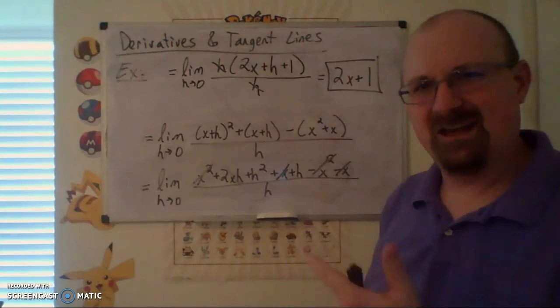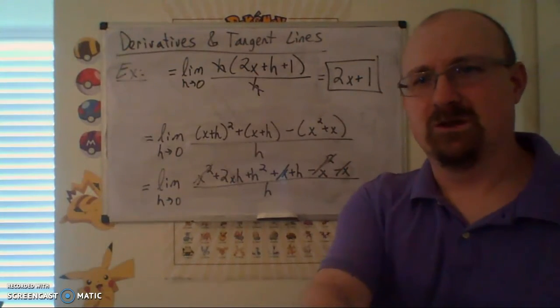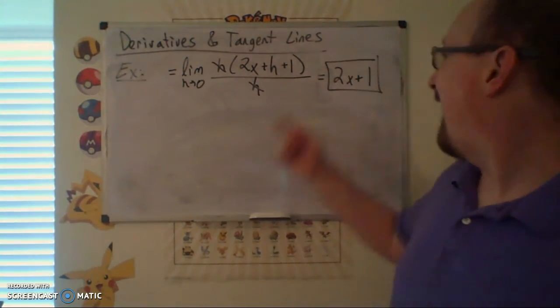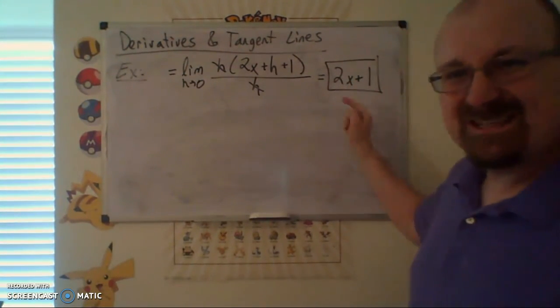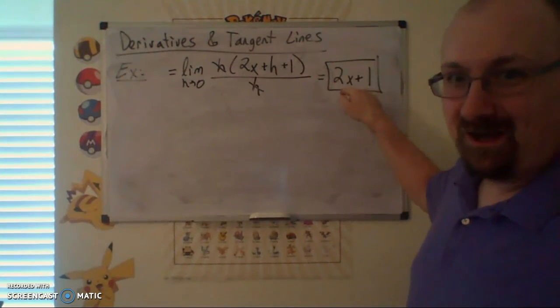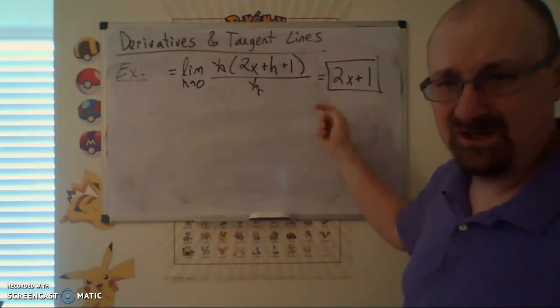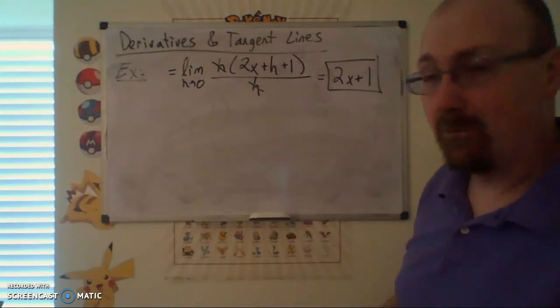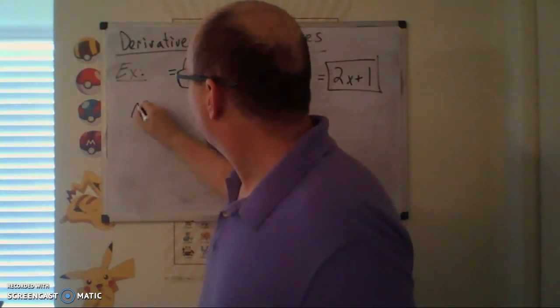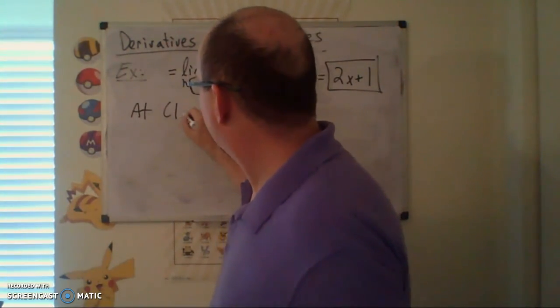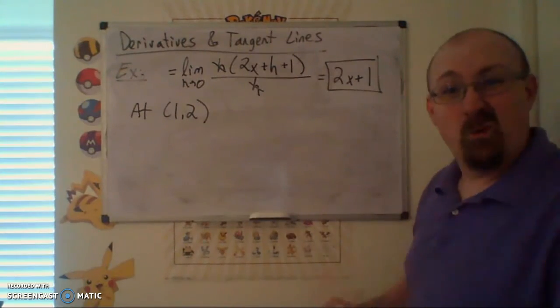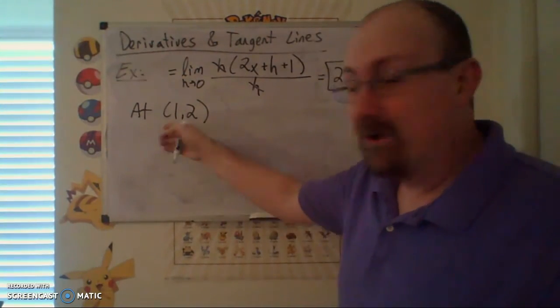So now give me just a second. I need to clear some space, and we'll talk about how this looks for the tangent line. Okay, so we have a formula for our derivative. So this isn't by itself our tangent line slope. Please don't go shoving this thing into the line equations. You're not going to get an equation for a line. But if at a particular point, say 1, 2, our x coordinate would be 1.